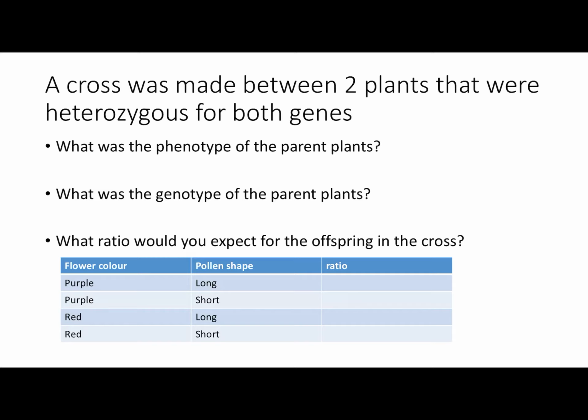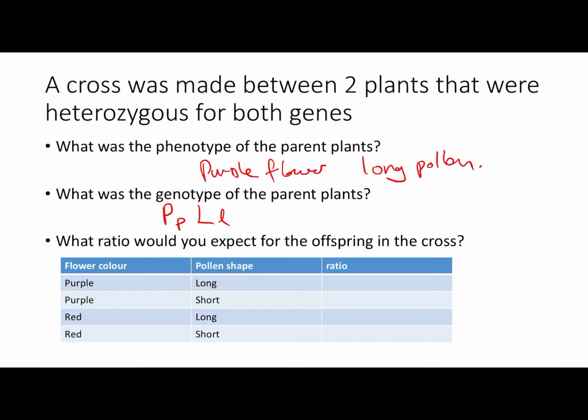So all of these plants were actually purple flowered and long pollen. And the genotype of the parent plants, well, we'll look at proper notation for linked genes later, but we know that because they're heterozygous, they would have had this genotype for flower colour, and this genotype for pollen.